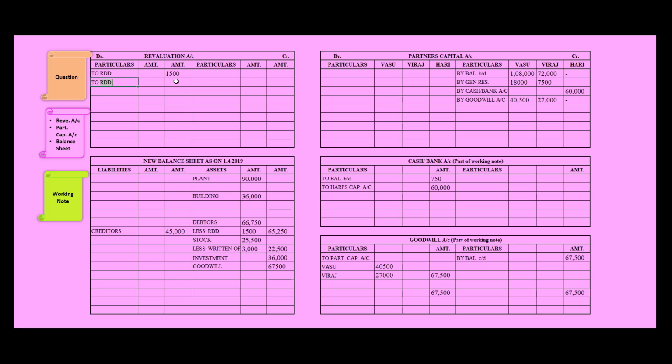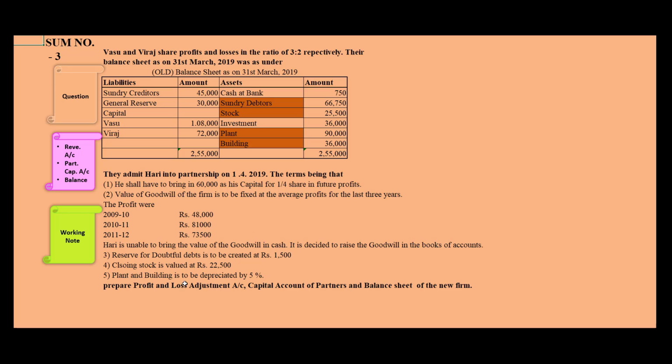I'll write here to stock 3,000. अभी आपको जजमेंट लग गया रहेगा कि मैं सारे लॉसेस यहीं पे रिकॉर्ड कर रहा हूँ डेबिट साइड में. 2 effects are done. Make sure whether 2 effects are done, then only you go ahead.